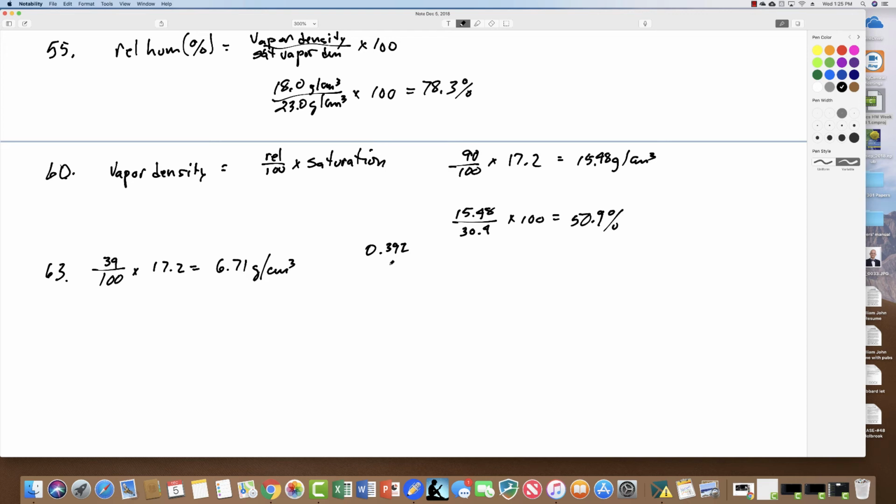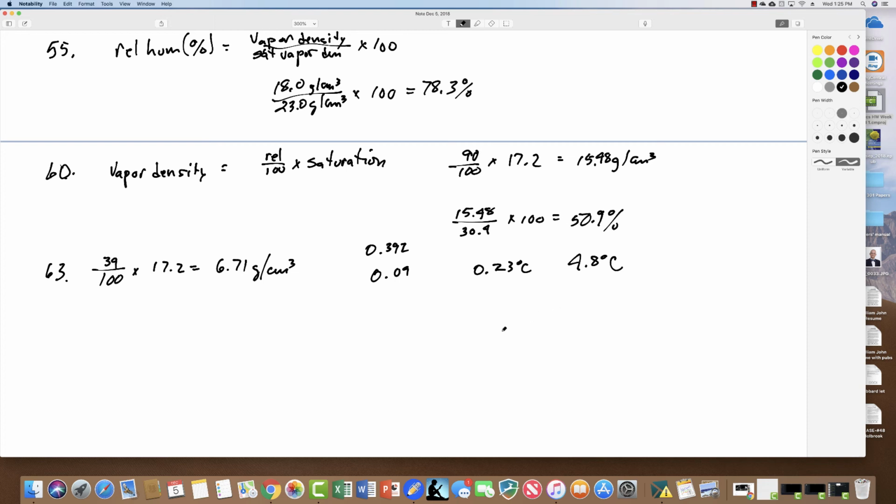If you subtract 6.71 from the value for 5 degrees, you get 0.09. If you divide those two, you'll see that the temperature is 0.23 degrees less than 5 degrees, or approximately 4.8 degrees centigrade for the dew point.